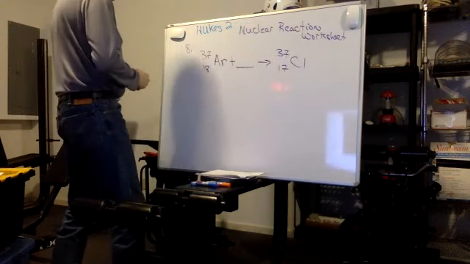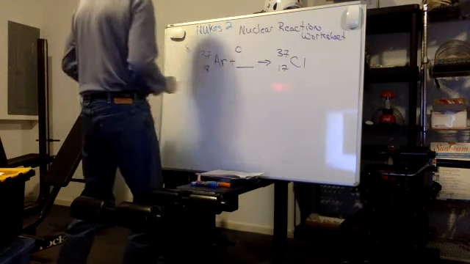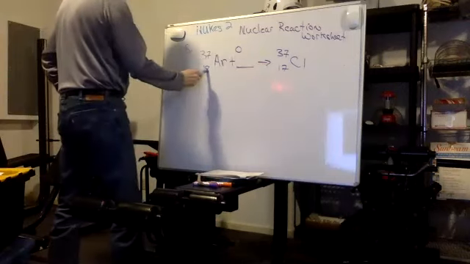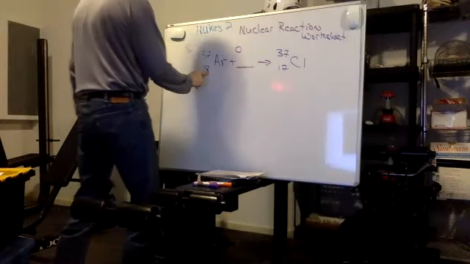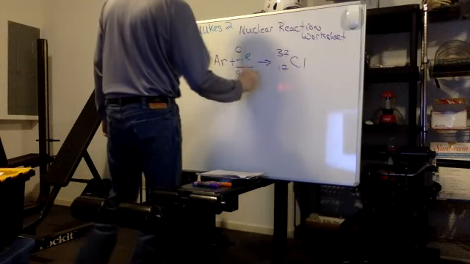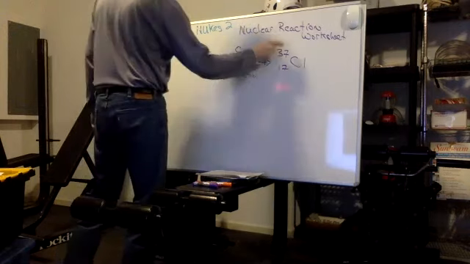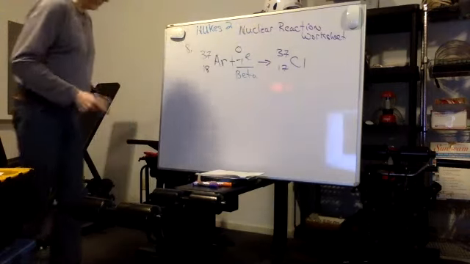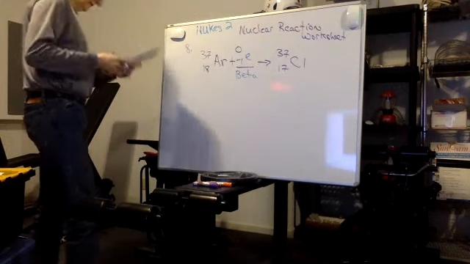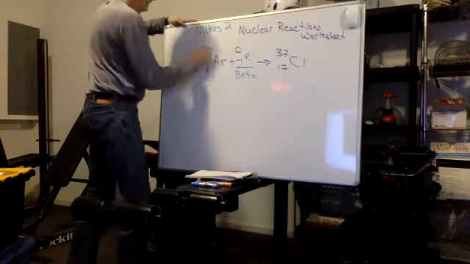Now, there is no mass change here. 37 and 37, that is indeed 0. We do have a step down in atomic number. So I'm going to go with a beta. 18 and -1 is 17, 37 and 0 is 37. And that's going to work on number 8. And number 9.